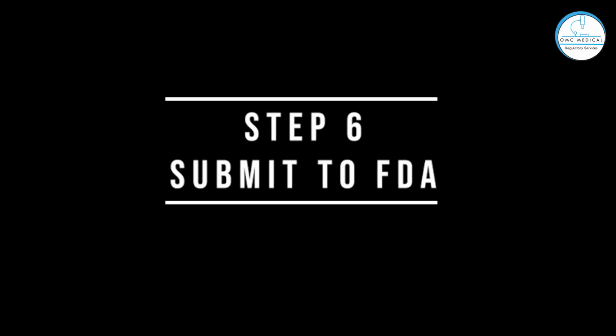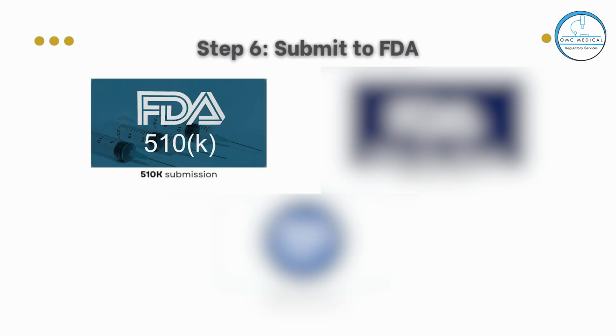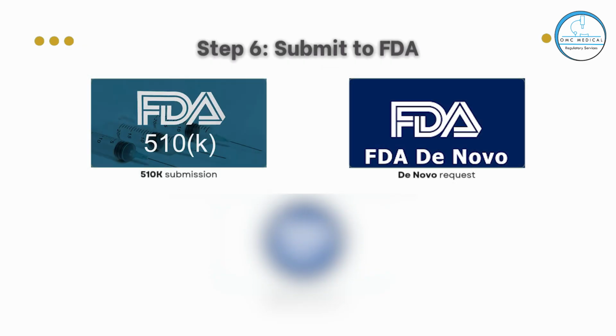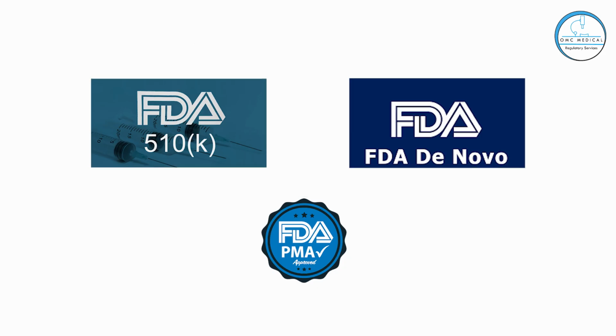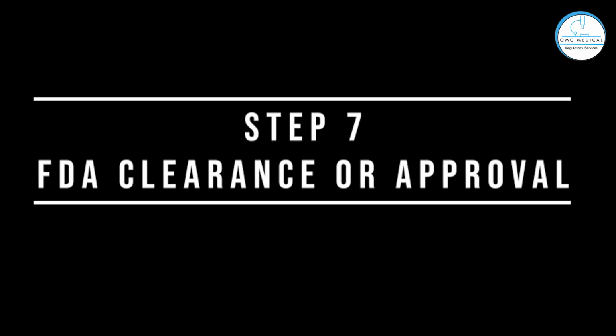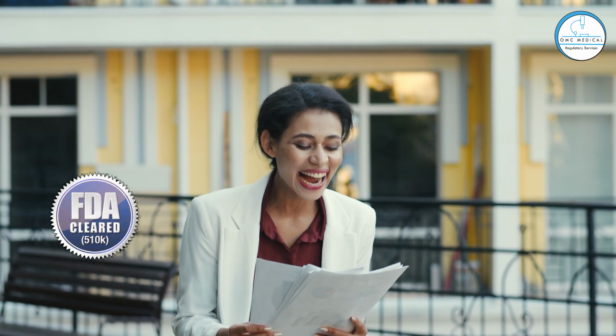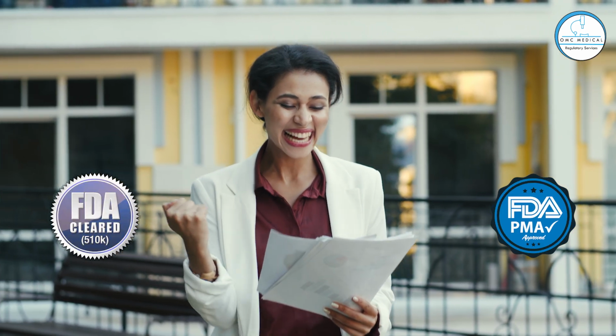Step 6. Submit to FDA. Depending on your pathway: 510(k) submission, De Novo request, or PMA application. Then you wait for FDA review. Step 7. FDA clearance or approval. Once approved, you receive clearance (510(k)) or approval (PMA).